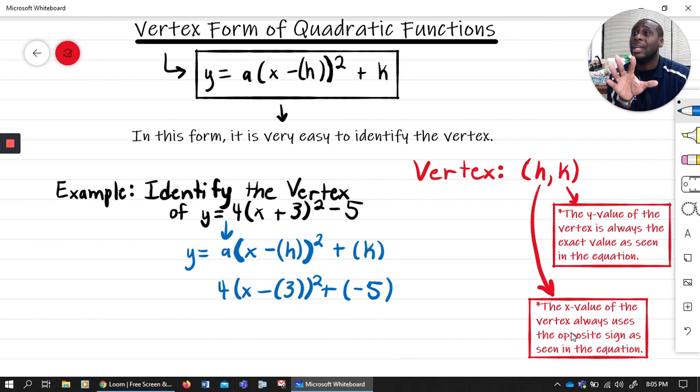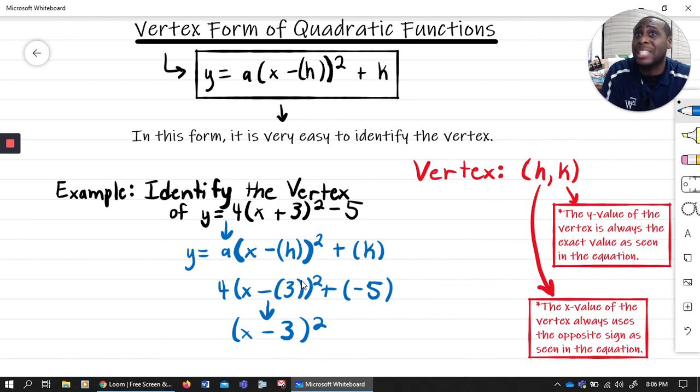The reason why h is not +3 here, again guys, is because if we simplified the way this is written right now, and I'm going to erase this in just a second, then it would be simplified as x minus 3, right? Because that's the only way you can see that.